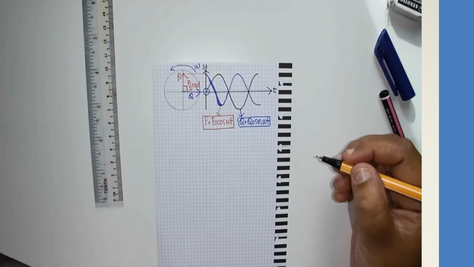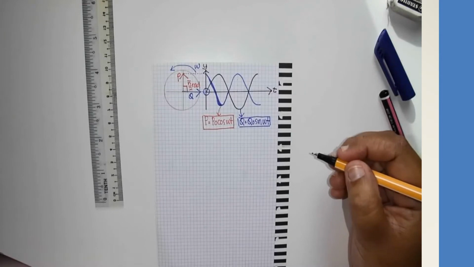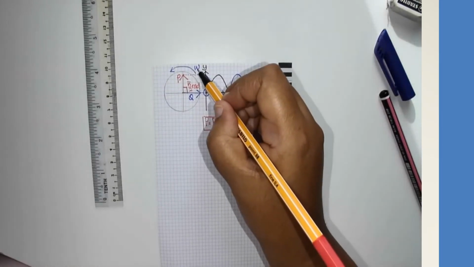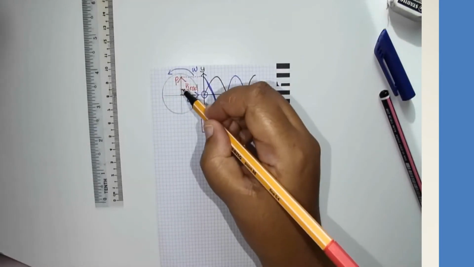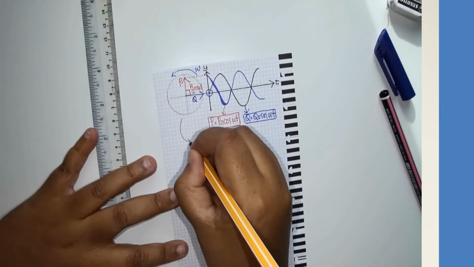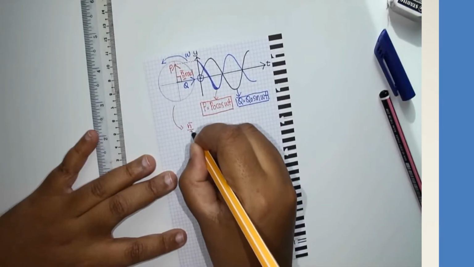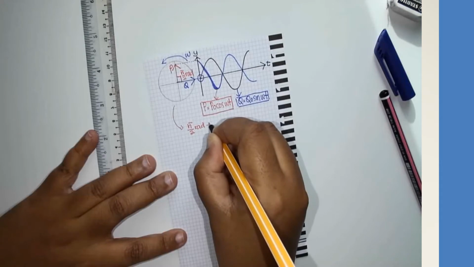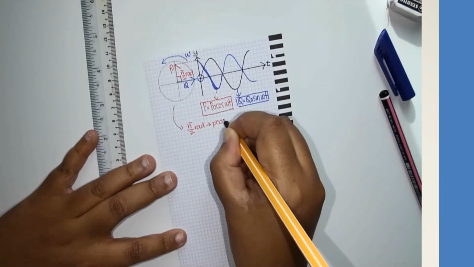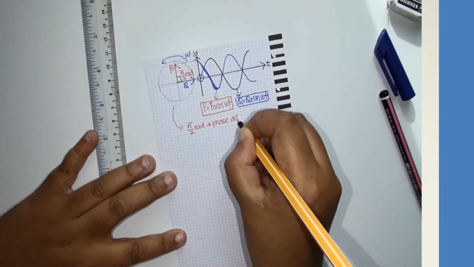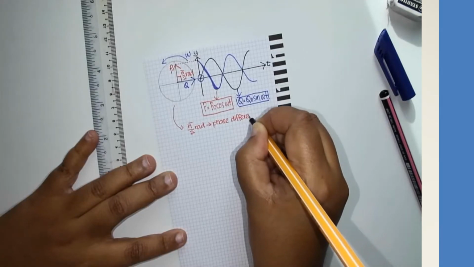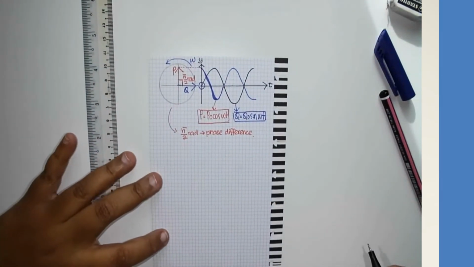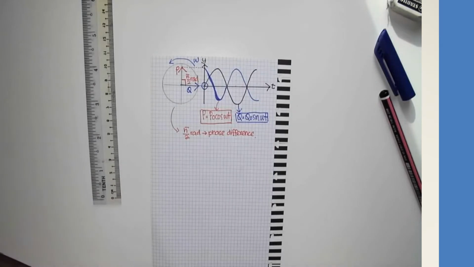So phasor P and phasor Q rotate with the same angular velocity omega with a phase difference. So pi over 2 radian is called the phase difference.